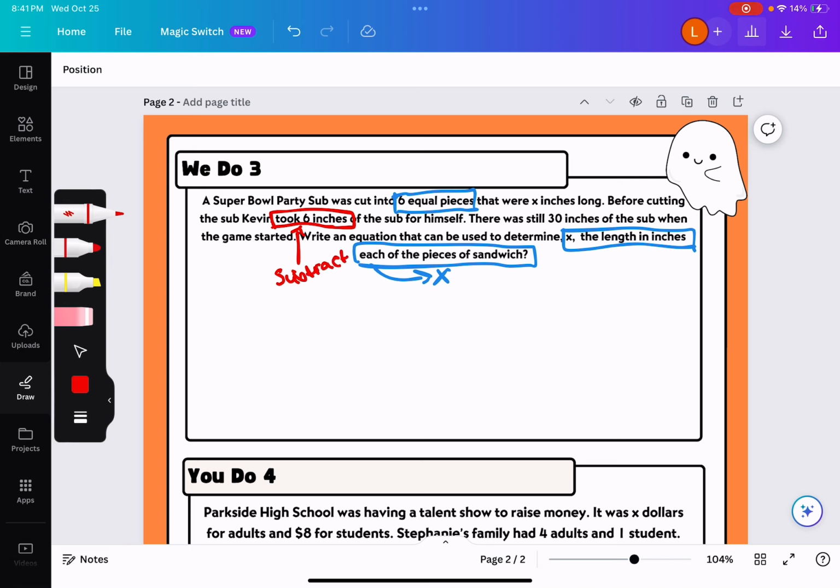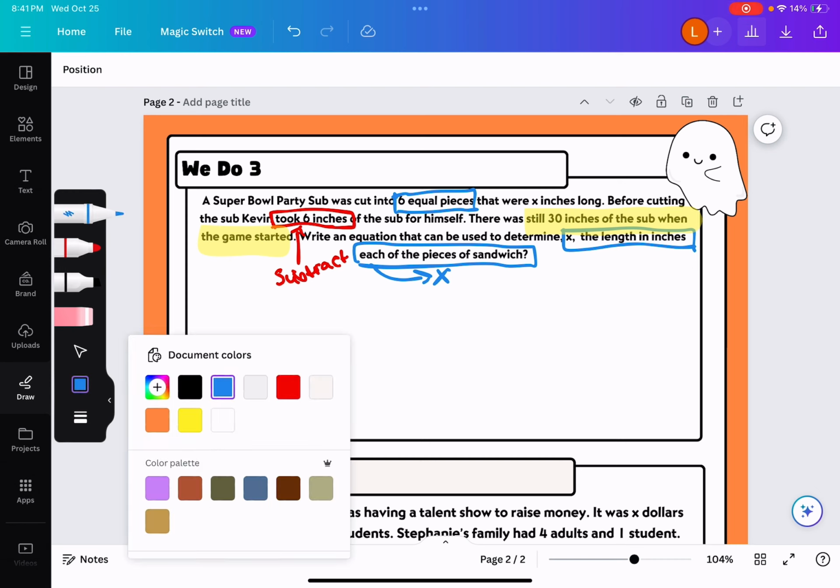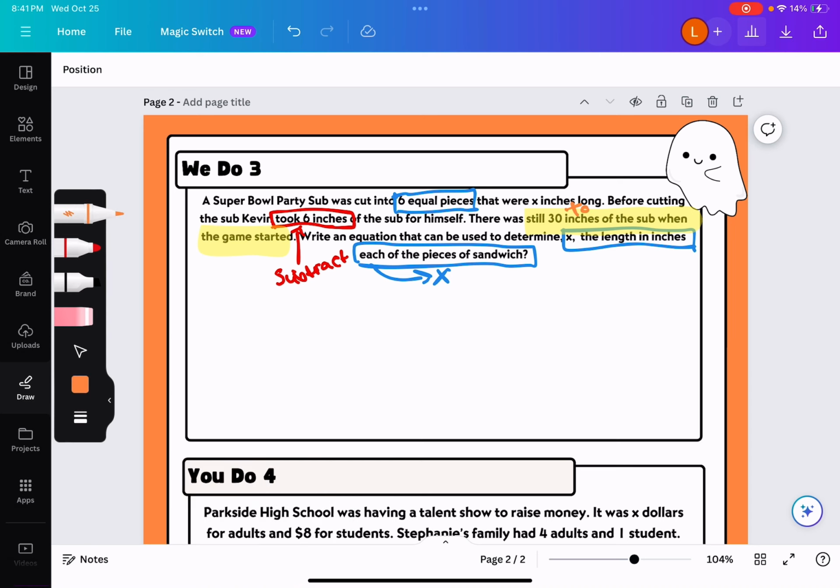Okay, because took, take away, right? And then there was still 30 inches of the sub when the game started. So if there's still 30 inches of the sub, what operation does that mean? Okay. So yeah, if you said that that's going to be your total, you are correct. Okay. So this would be our total.